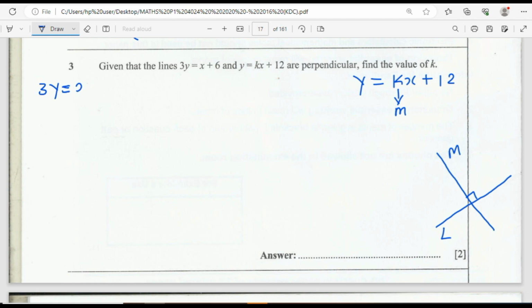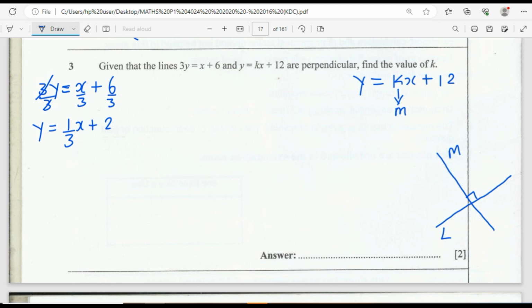What we can do here is let's first make y the subject of the formula of the first equation. So 3y is equal to x plus 6. We now divide by 3, also here by 3, also here by 3. We cancel, we have y is equal to 1 over 3x plus 3 into 6 is just 2.